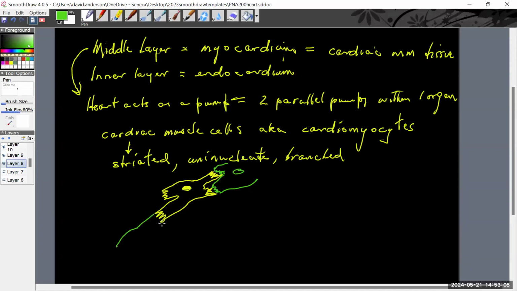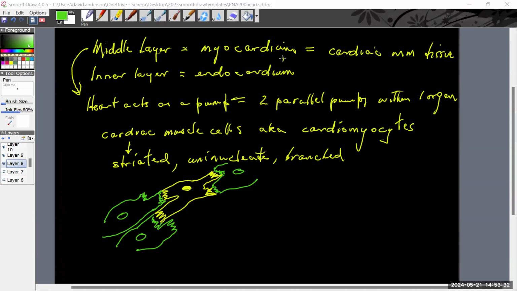So even a cardiac muscle cell that would communicate this way with another branch over here, and this might be a separate one. So the way I've drawn this, we've actually got 4 distinct cardiac muscle cells here. 1, 2, 3, and 4.